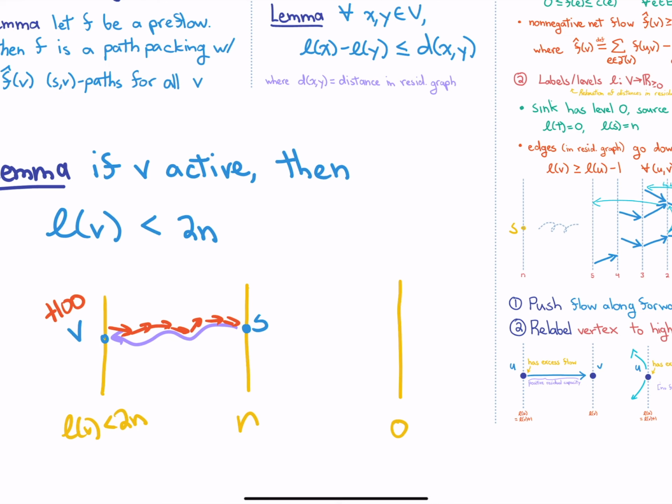So the distance from V to S should be at most n minus 1 in the residual graph. And S has level n, and so n plus n minus 1 means V can have level at most 2n minus 1.